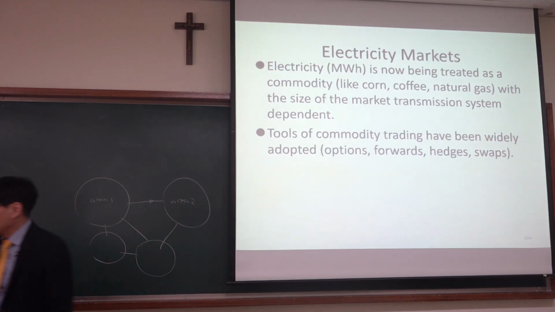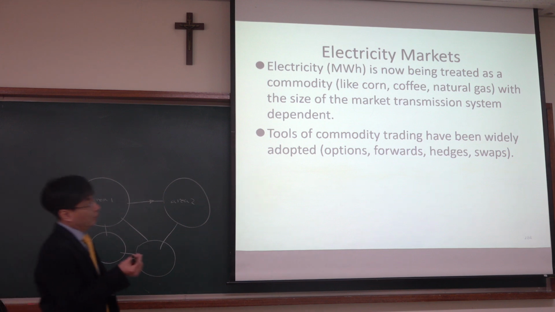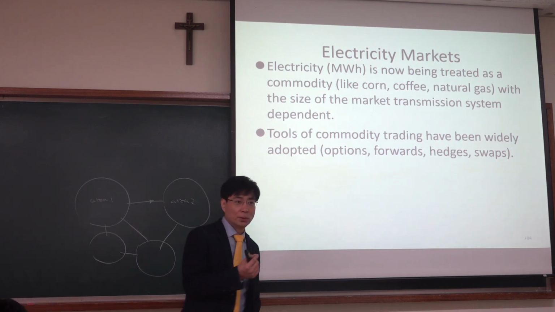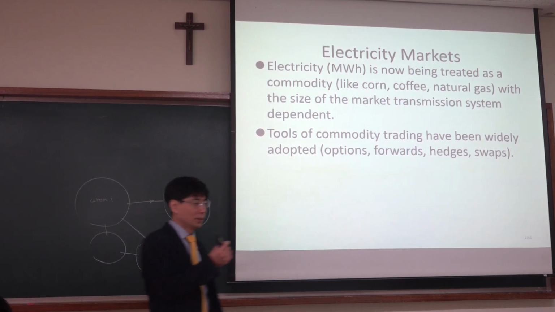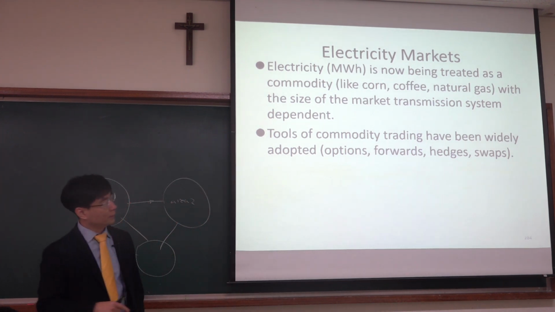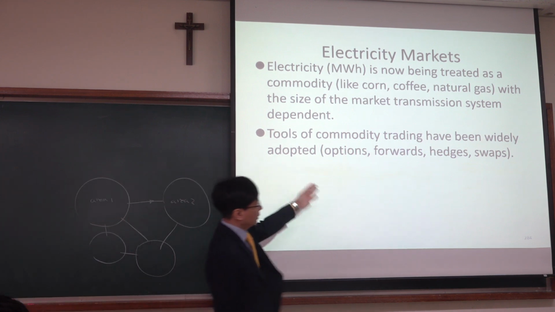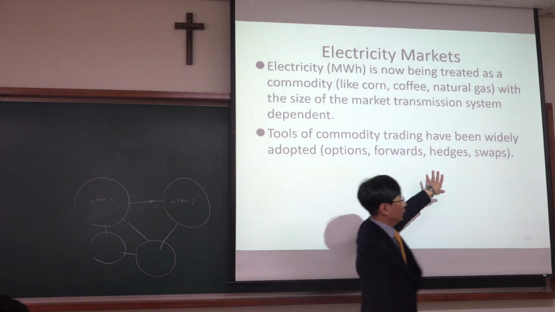The electricity megawatt hour is now being treated as a commodity like corn, coffee, cocoa, with the size of the market transmission system dependent. So tools of commodity trading have been widely adopted. In the electricity market, we have option, forward, and hedging.